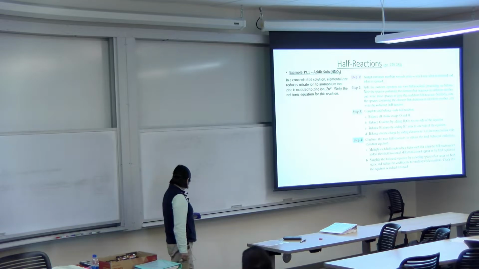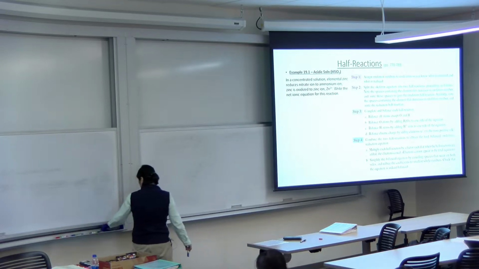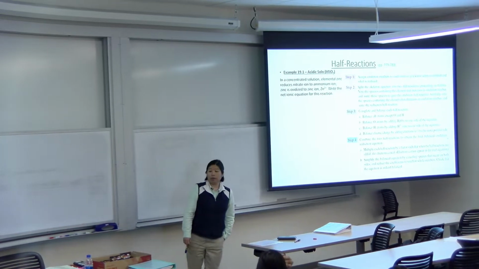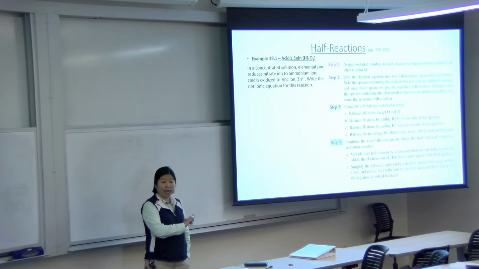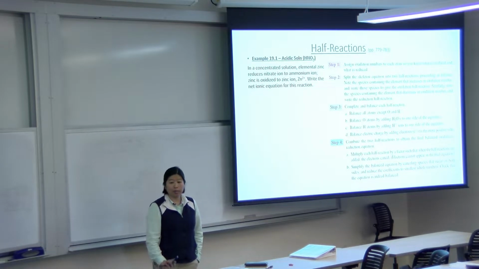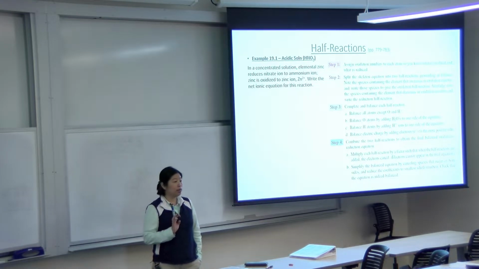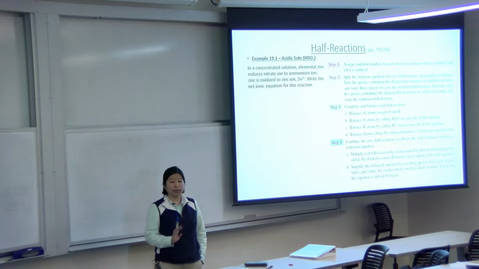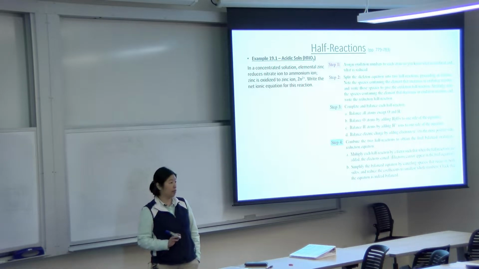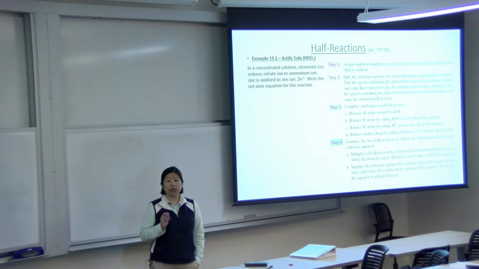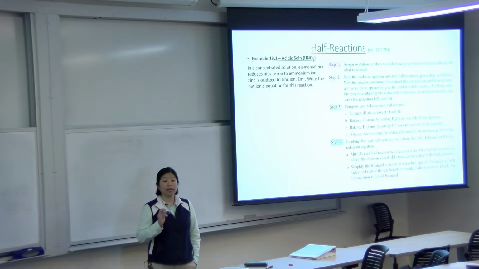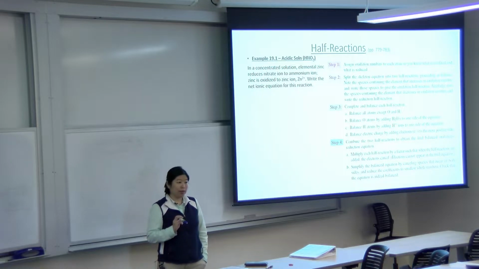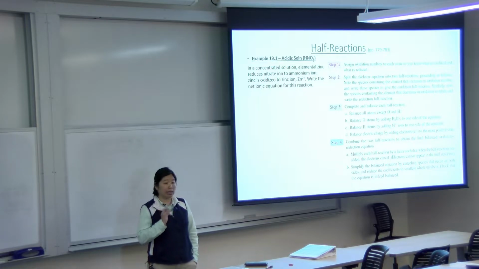When we were last meeting together, we covered electrochemistry, and we said that the whole goal of the first half of chapter 19 was to be able to calculate redox reactions, and in particular, the goal is to balance. So when you get your final answer, your reaction should be balanced, which means that the number of electrons gained and lost should be the same.